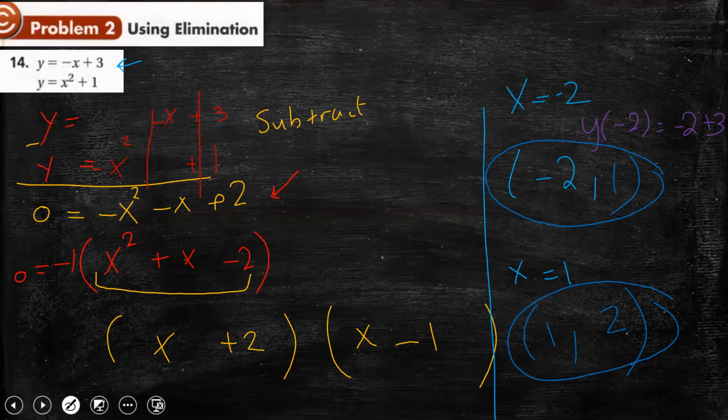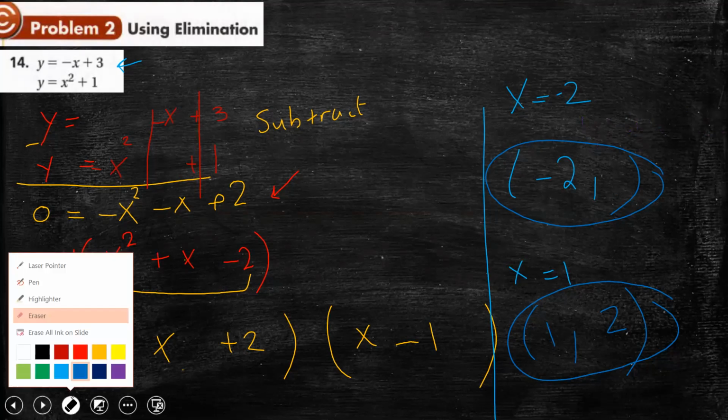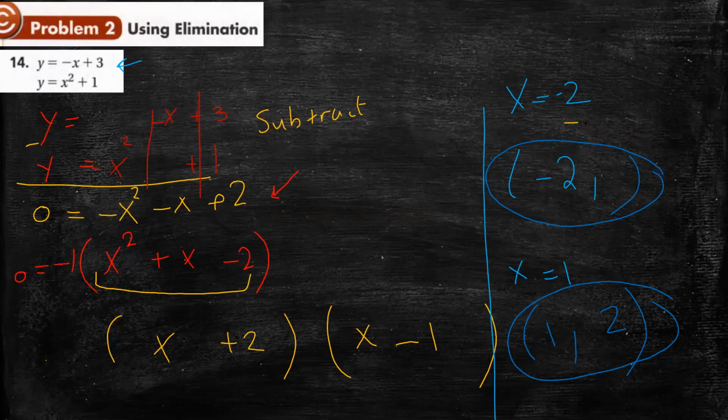So I have negative 2 plus 3 is 1, and negative 1 plus 3... Here, sorry, I forgot something. It will be, teacher, negative 2 times negative, which will be positive. So it is 2 plus 3, so it is 5. So negative 2, 5, and 1, 2.